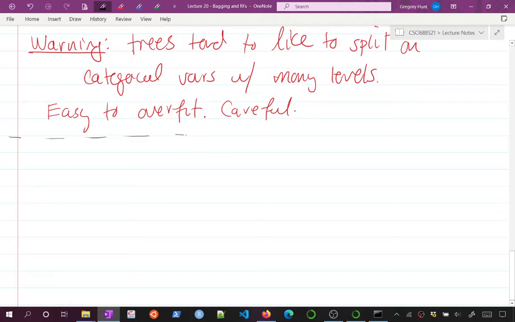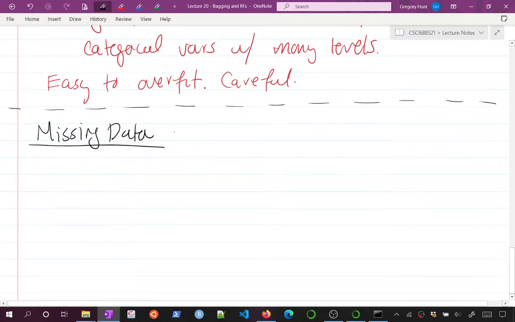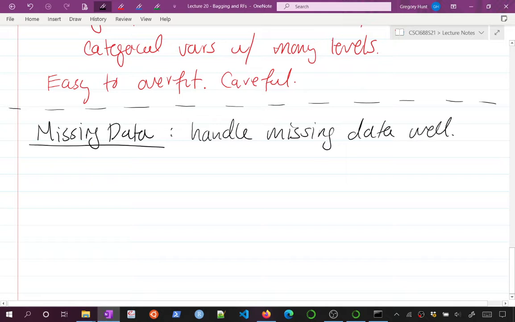And the second thing I want to say, and I'll keep this kind of short, is for missing data. One of the nice things about trees is that they can handle missing data pretty easily. In fact, natively, many of these methods, we haven't really talked about missing data.